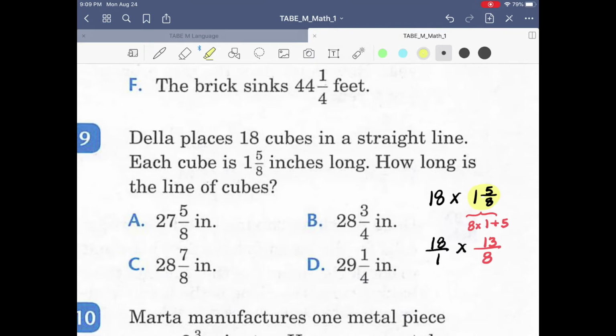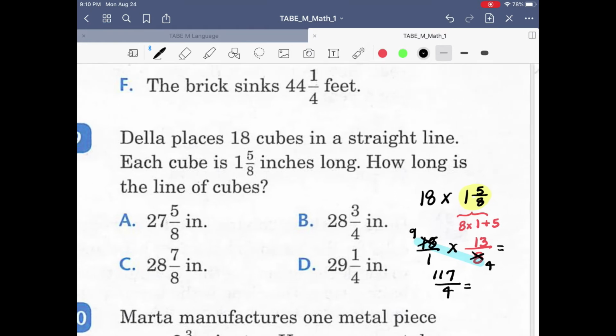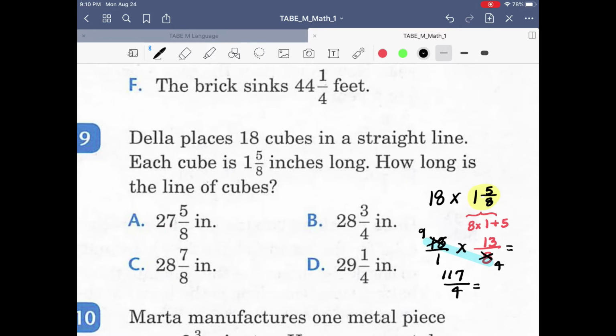You can cancel here. It's just a little harder to spot. But we can divide these by 2. 2 into 18 is 9, and 2 into 8 is 4. So you will end up with 4 on the bottom, and 7, 2, 9, 10, 117 on top. 4 into 117, I'm out of space, so I'm going to do this in my head, but you can definitely stop the video and do this one if you want to. 4 into 11 goes 2 times.